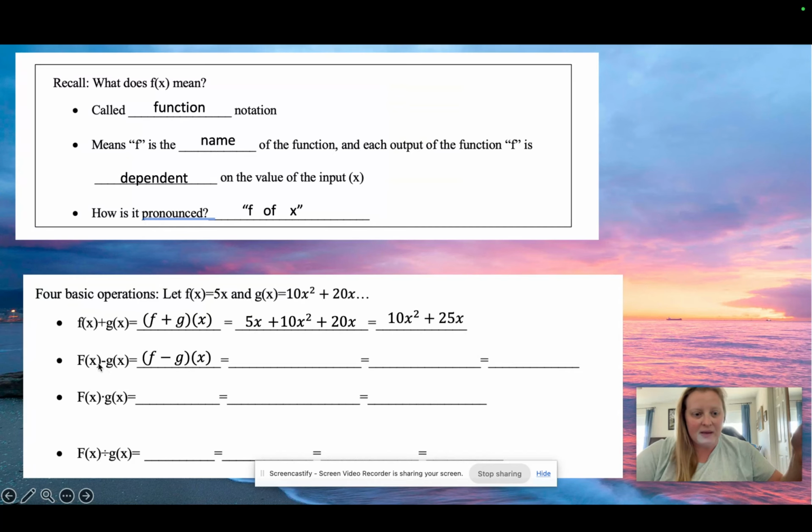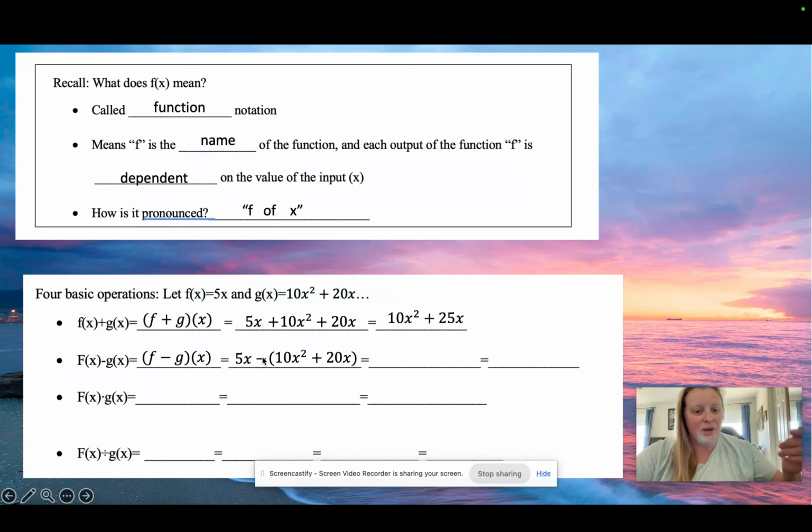All right, and same thing here, this is subtraction. So a different way you might see this problem is f minus g of x. And it just means, again, f of x minus g of x. So I take my f of x formula and I'm going to subtract my g of x formula. Now subtraction is quirky because since there's two items in the g formula, you technically would want to put that in parentheses after the negative.